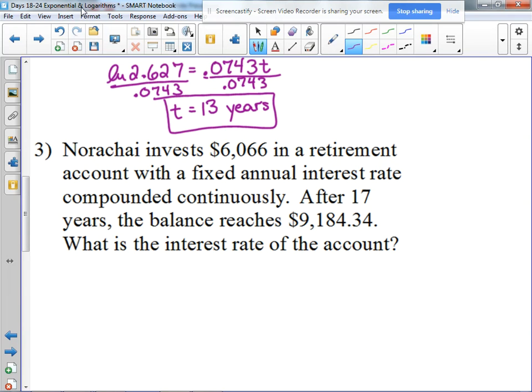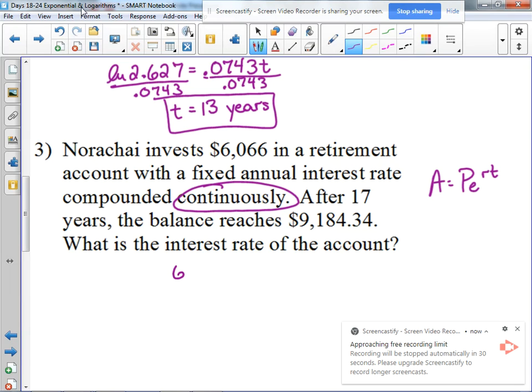Okay, let's look at number 2 here where it asks about the interest rate. Norachai, fun name, invests $6,066 in a retirement account with fixed annual interest rate compounded continuously. There's another continuously, so we're using PERT again. After 17 years, so let's start filling in our equation.